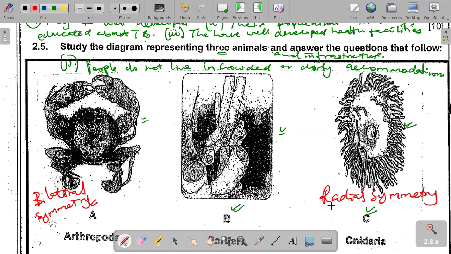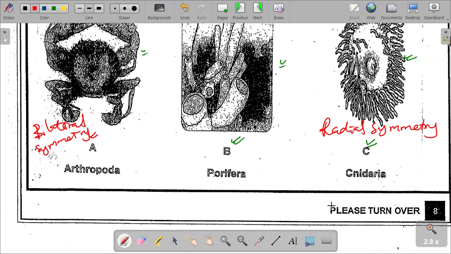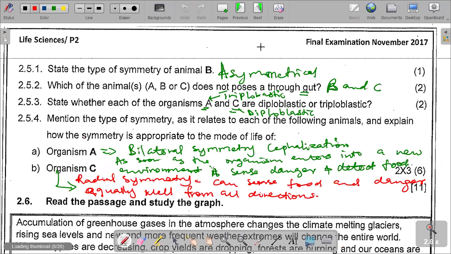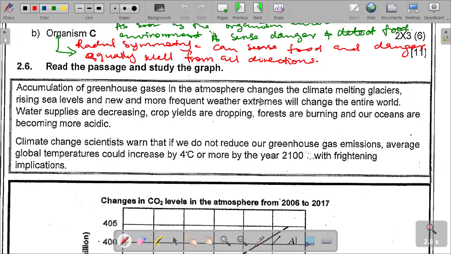Please take note of this. You mustn't make a mistake when it comes to questions such as these again. These are the contextual questions that you must always look forward to, and make sure you don't make mistakes when they appear.